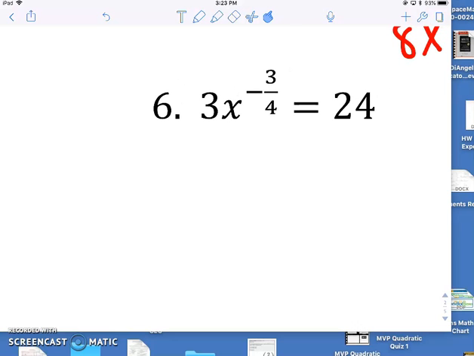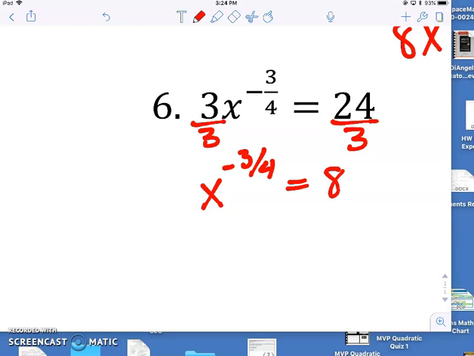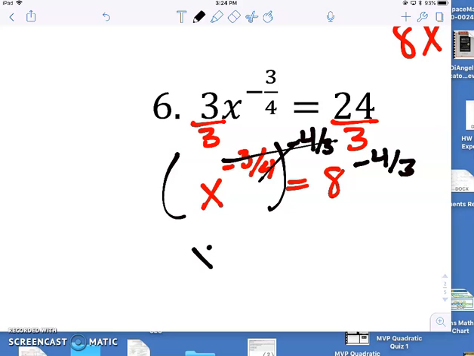And number 6, one's similar, but first we have to get that base by itself. So x to the negative 3/4 equals 8. Well, now what we can do is raise it to the negative 4/3 power. So 4's and 3's, so we just have x equals 8 to the negative 4/3.